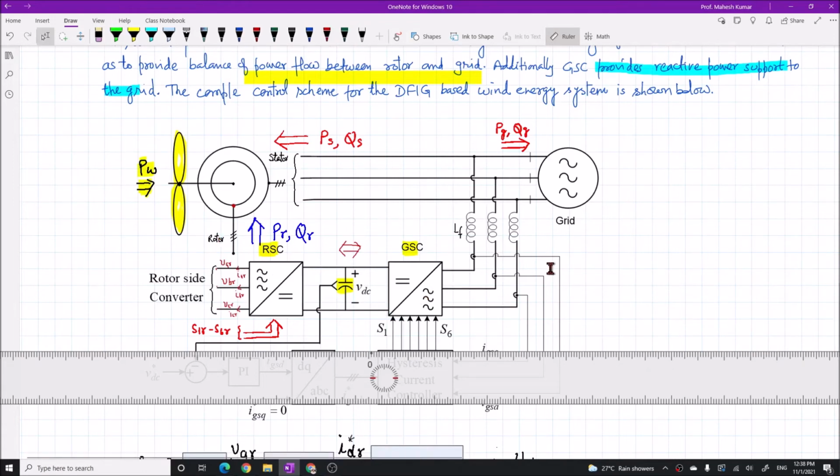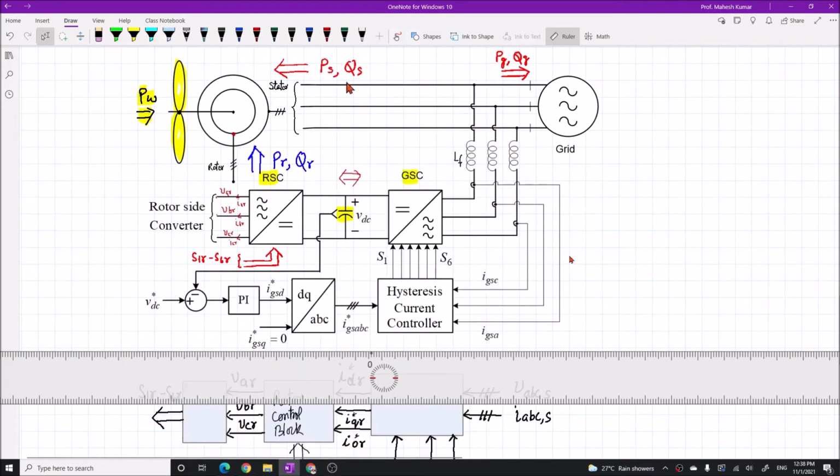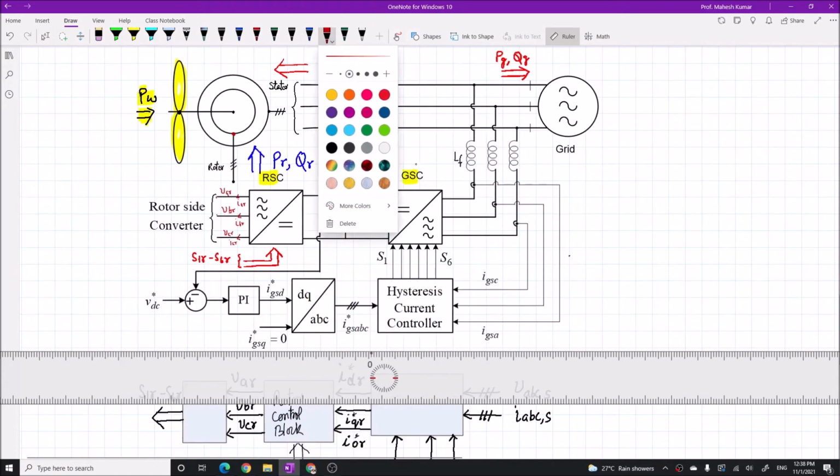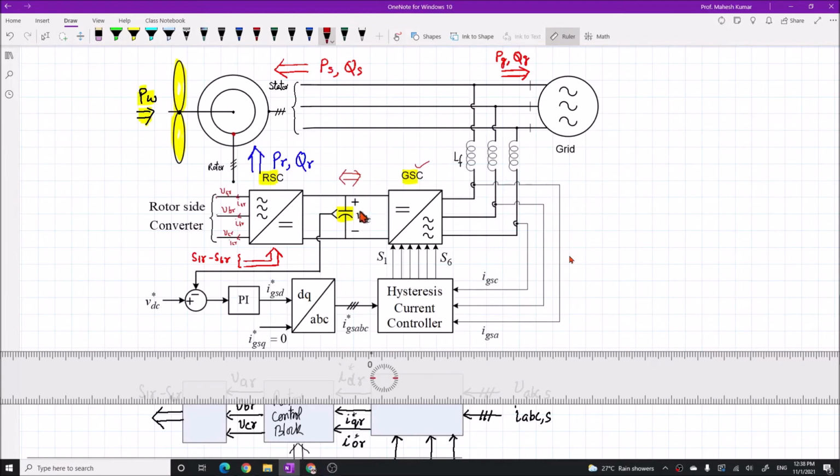Alright, the purpose of the grid side converter is to maintain this DC link voltage constant. So we say there is some reference value of DC link voltage, and that DC link voltage has to be maintained constant using a PI controller or any other controller. So the error is monitored and the currents are adjusted in such a way that it takes appropriate power in order to maintain this DC link voltage constant.